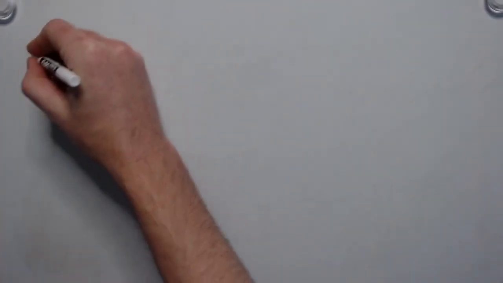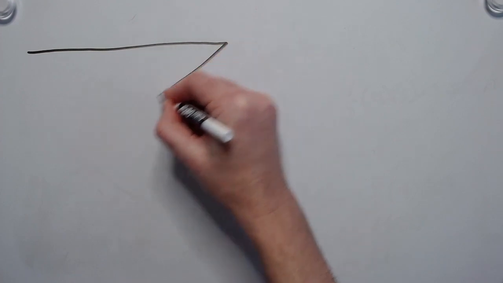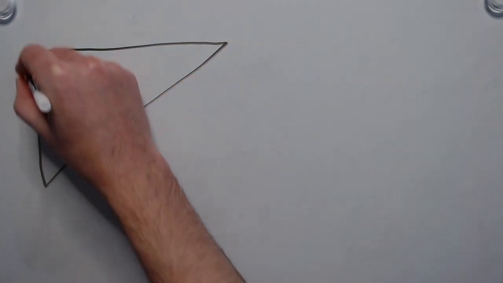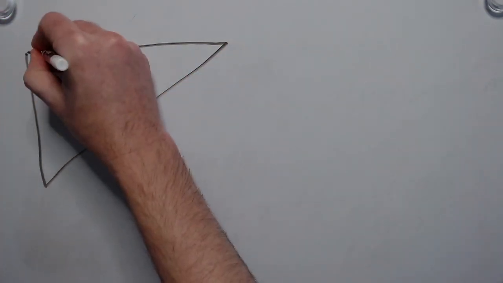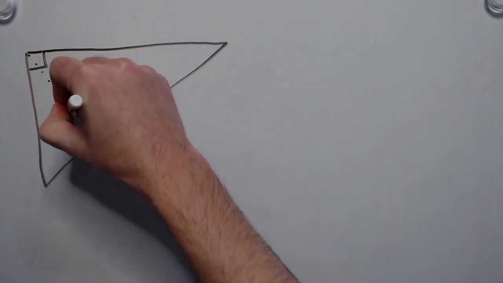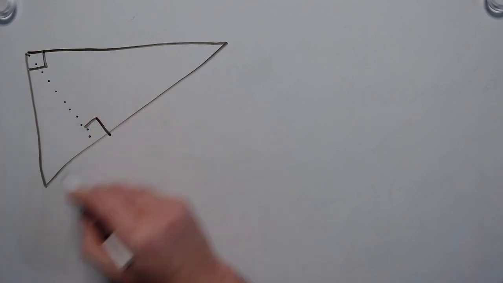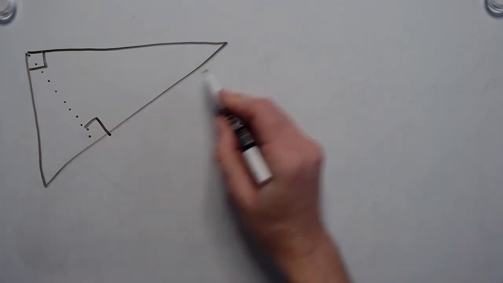All right, we're going to draw a triangle up here in the corner like so. And this is a right triangle. I'm going to draw a dotted line down here that is perpendicular to this side of the triangle.